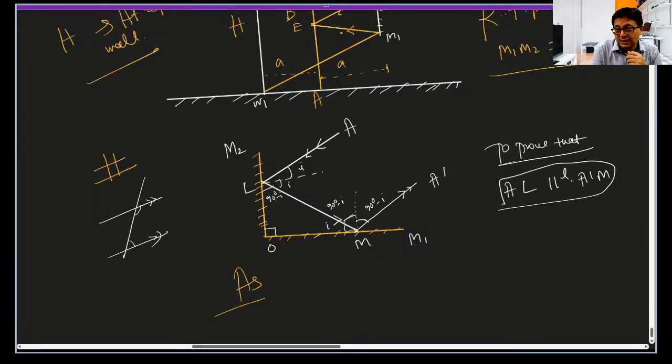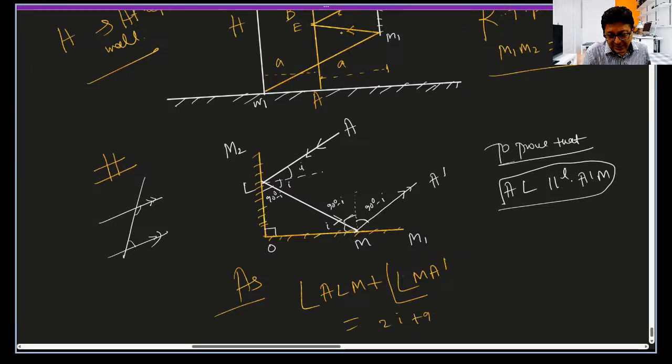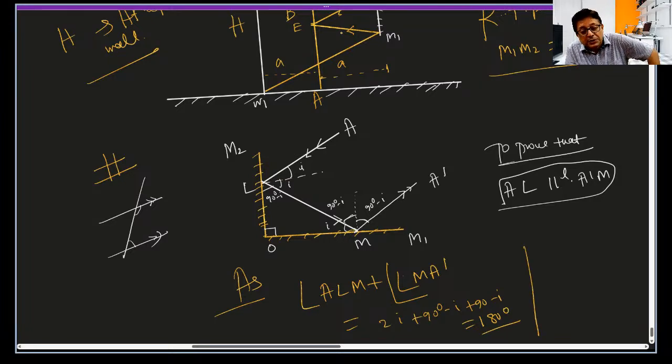As angle ALM plus LMA dashed equal to 2I plus 90 minus I, so 180 degree. So, the sum of two interior angles is 180 degree, so AL must be parallel to A dashed M. Understood?